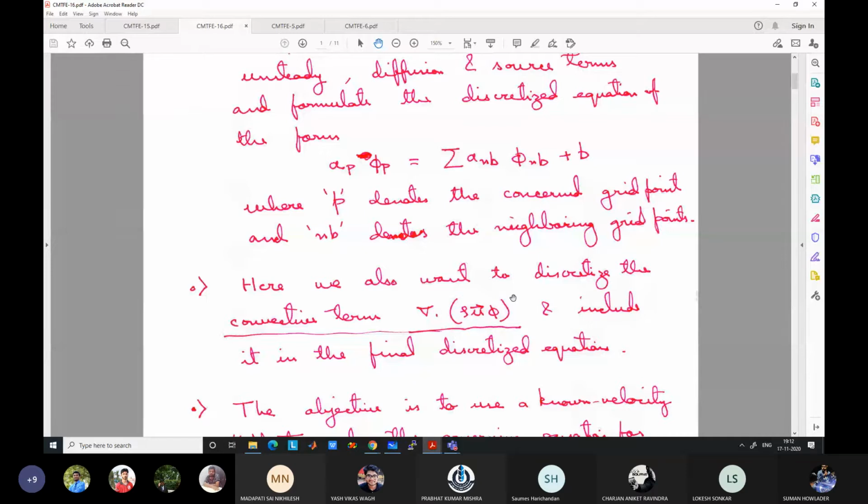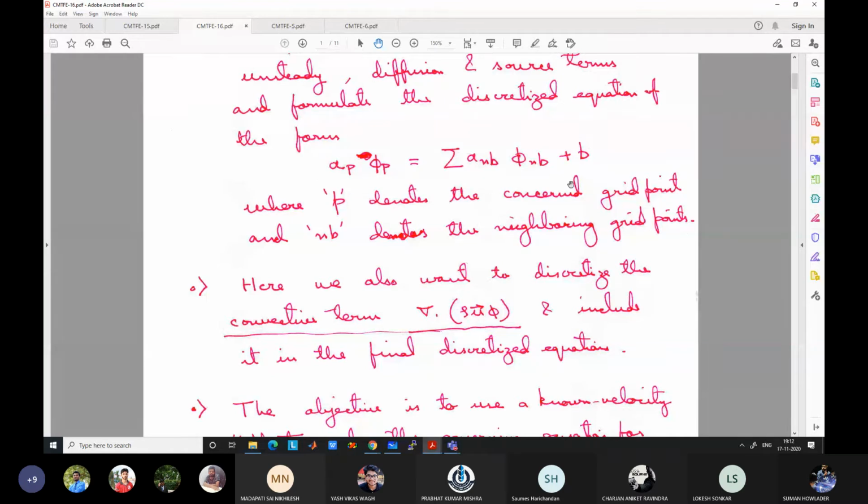I was saying that our aim is to discretize this convective term such that we can still develop the discretized equation of the same form. Why are we concerned with the same form? Because we have already developed some solution algorithms for this form.